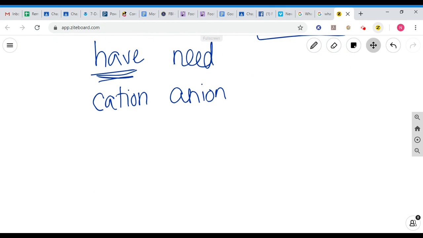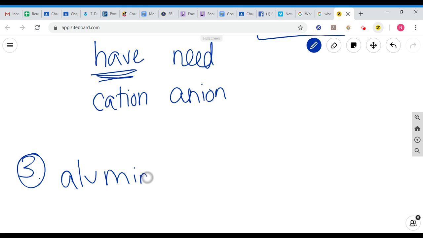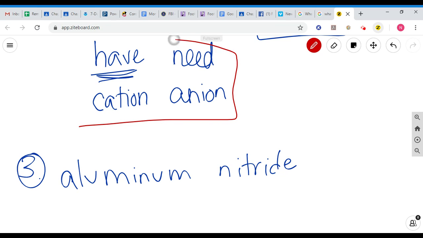All right, let's try another example. Okay, so think of it in terms of, what does it have? What does it need? Example 3, let's do aluminum nitride. All right, and using the strategy that we listed above, aluminum, we write its charge in terms of what it has.